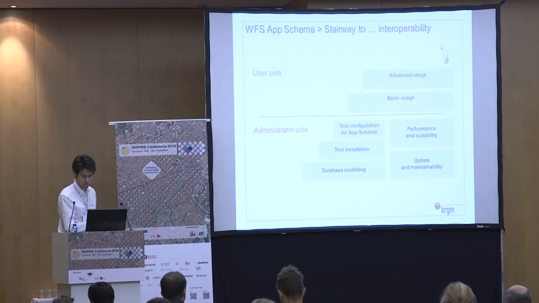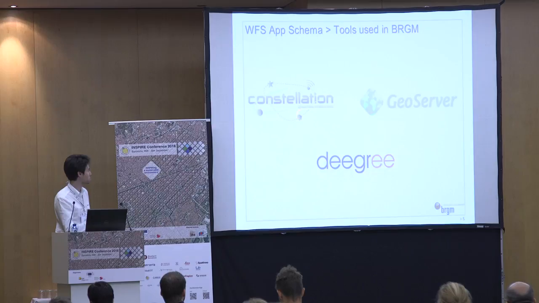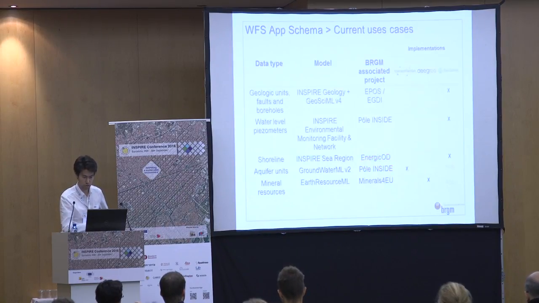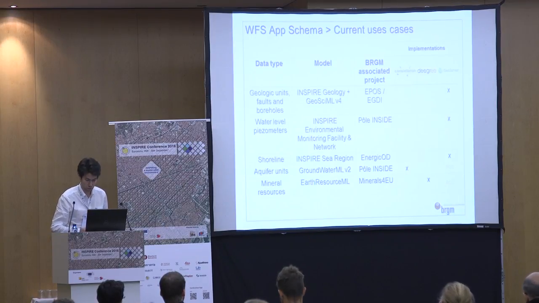Basically, in BRGM, we are using three tools to provide WFS app schema. We have Constellation, GeoServer, and Deegree. As you can see, all are Java-based. On the other slide, you will see the different use cases we have and the implementation.